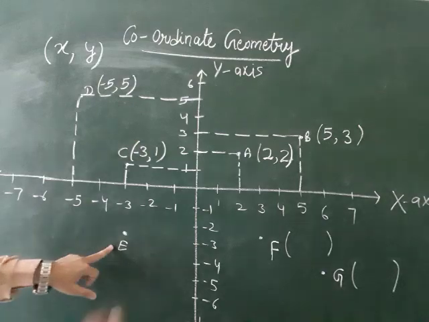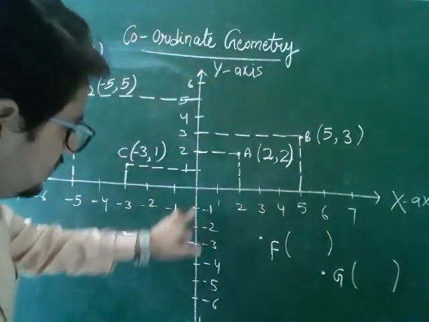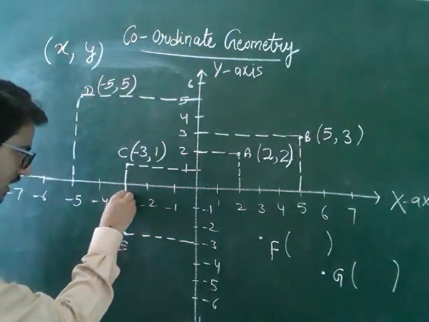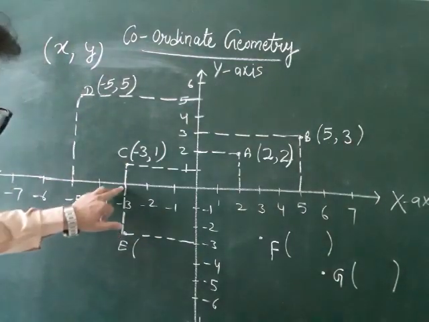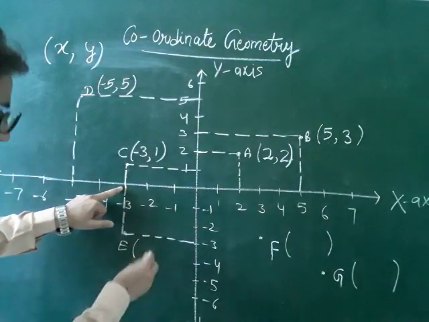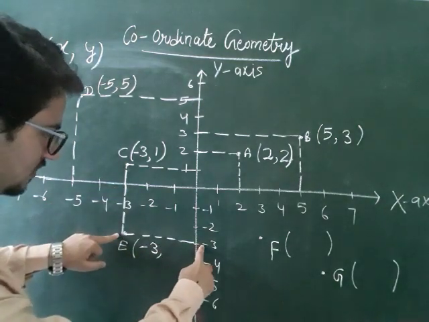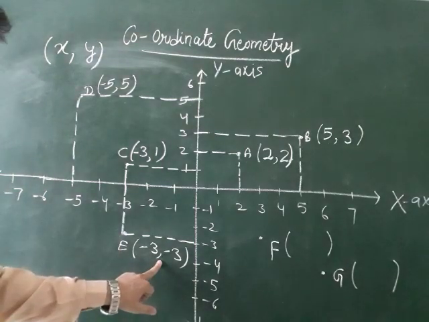E point. Draw a perpendicular line on y-axis. Draw a perpendicular line from point E on x-axis. First we will read out the value of x, and the value of x is -3. Then the value of y is -3. So the coordinate of point E is -3, -3.